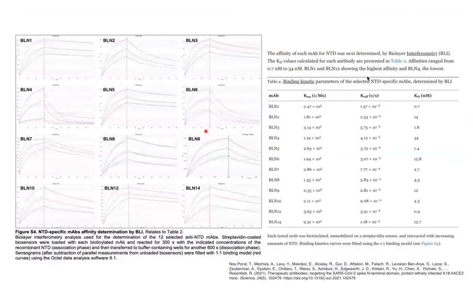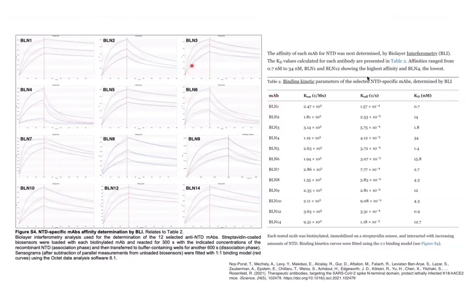But we looked at another example in class where they were using BLI to measure the binding rate constants, our K on and our K off, with a variety of different monoclonal antibodies. Remember, with monoclonal antibodies, you isolate individual lots of copies of the same antibody that recognizes the same epitope. Then they can do that BLI measurement to figure out the kinetics.